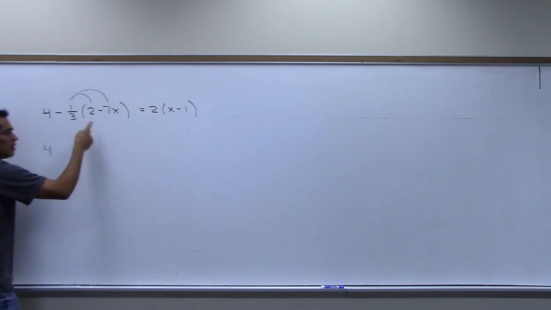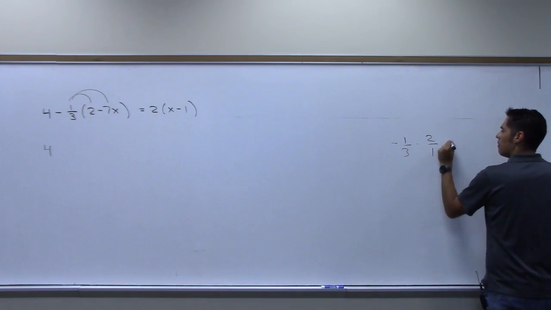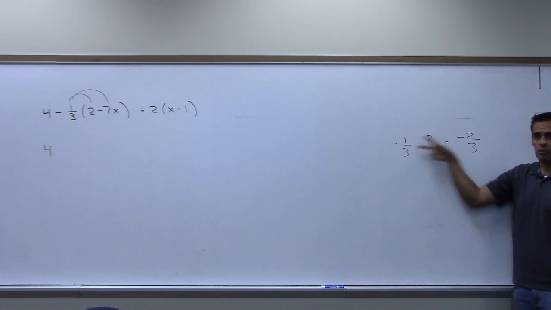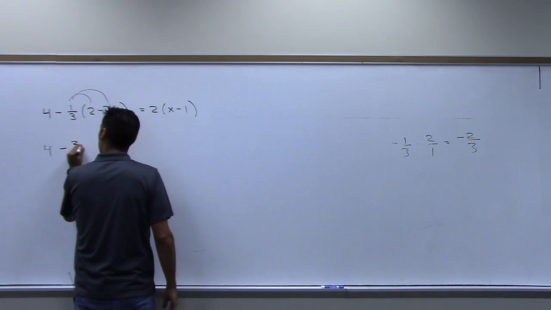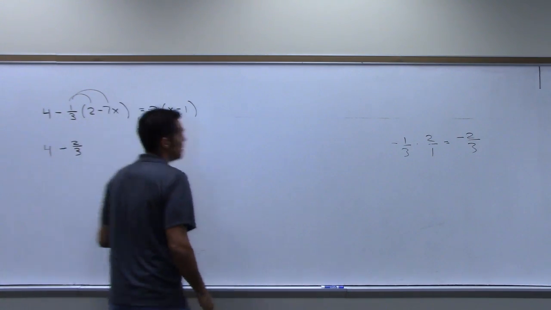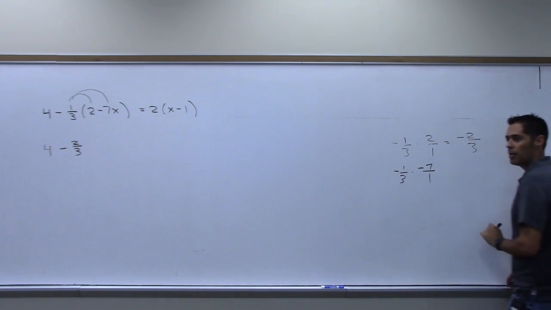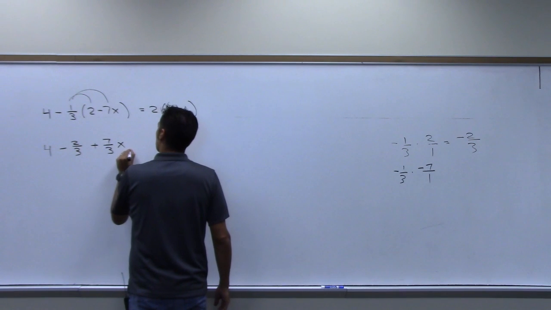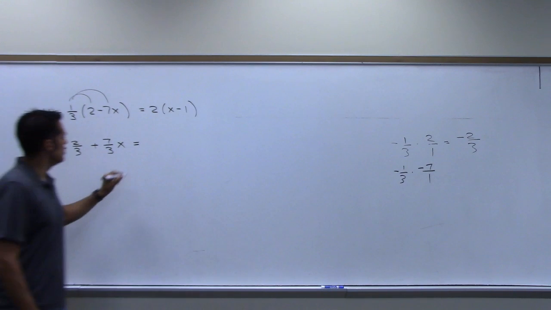So what is negative 1/3 times 2? Negative 2/3, right? You just write 2 as a fraction, go straight across. What is negative 1/3 times negative 7? I'm going to write that as a fraction. Positive 7/3 x equals, on the other side, 2x minus 2.